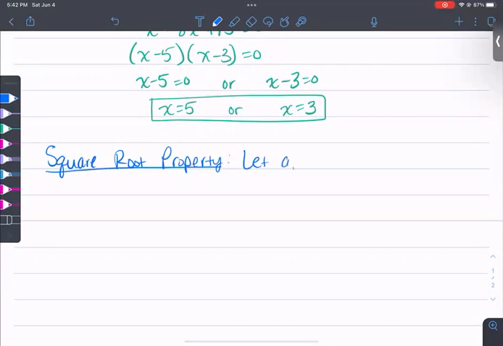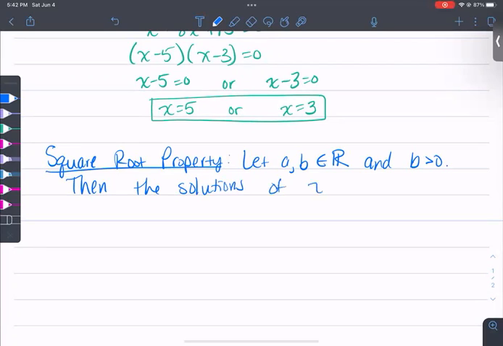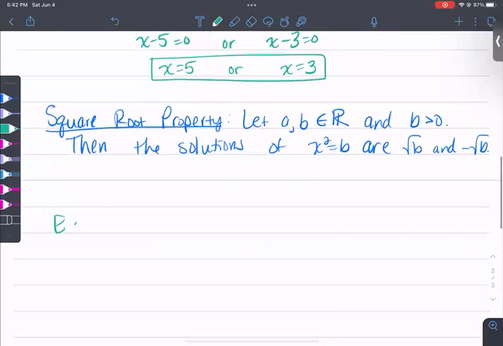If we let a and b be real numbers, and our b value is greater than 0, then the solutions of x squared equals b are the square root of b and the negative square root of b. So let me show you example number 3 for how we use this.